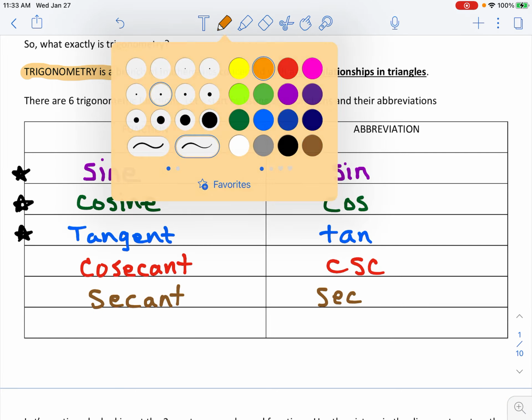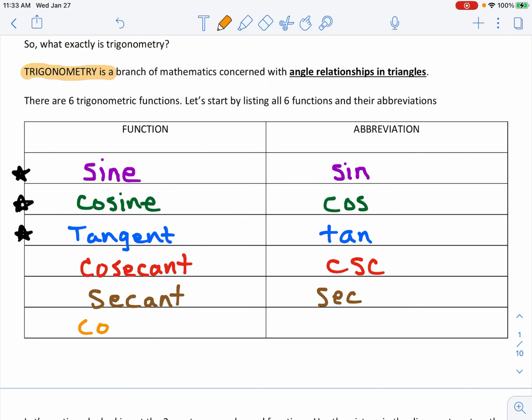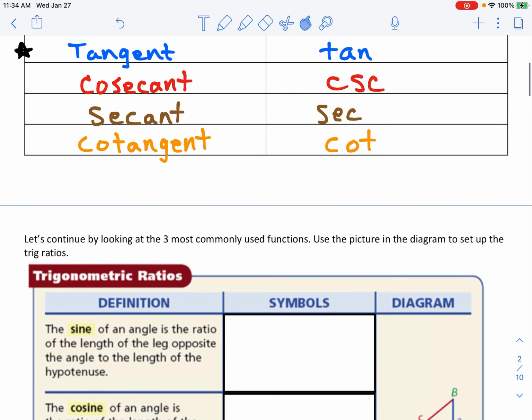Our last function is cotangent, and our abbreviation is COT. So our 6 functions are listed on the left-hand side with their abbreviations on the right-hand side: sine, cosine, tangent, cosecant, secant, and cotangent. Notice the star next to the 3 that are going to be the most important throughout this chapter.